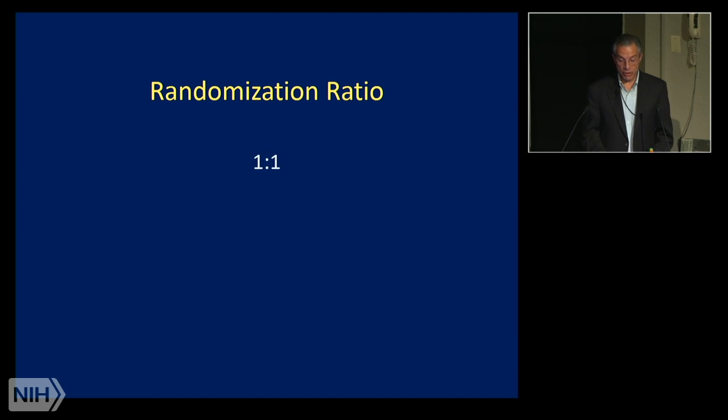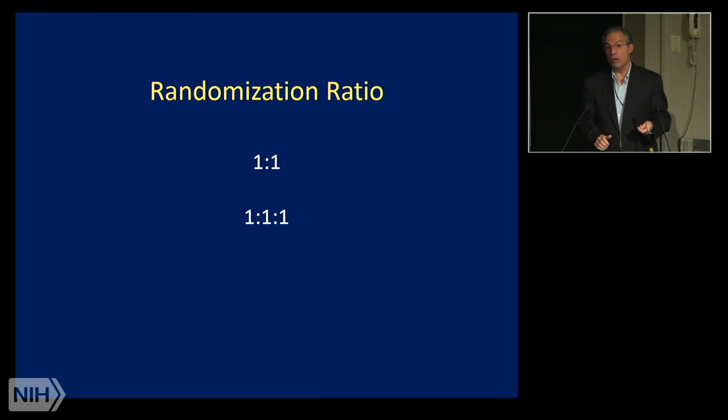We call it the randomization ratio. I don't know if you've seen in papers or in reports a 1-to-1 randomization. A 1-to-1 randomization will tell you right there that this is a clinical trial with 2 treatment groups, and participants were assigned to those treatment groups with equal chance. So it's a 1-to-1.